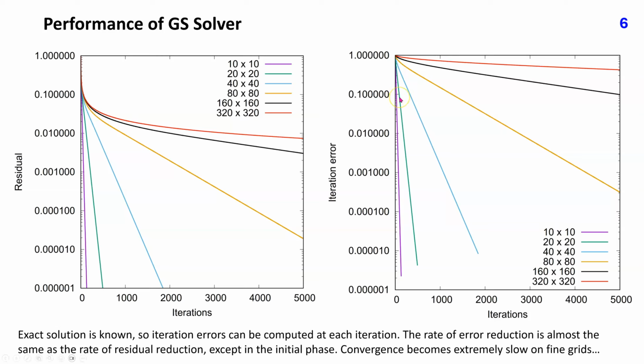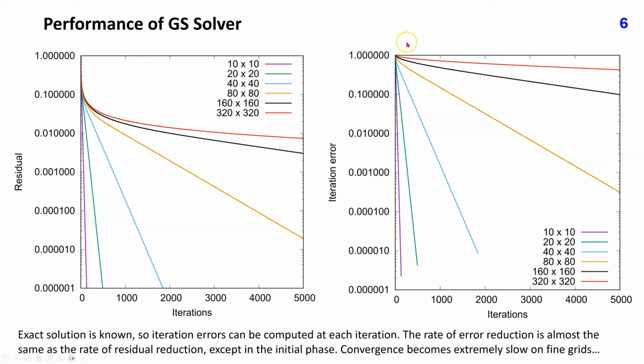The plot on the right shows the variation of iteration error norm with iterations for the same solver and grids. Iteration errors were determined by subtracting at each control volume the intermediate solution from the exact analytical solution. We see that the residuals fall rapidly initially, but after a transition range, the line becomes straight in this log linear representation. The convergence of iterations becomes slower as the grid is refined, approximately 4 times slower when the grid spacing is halved.